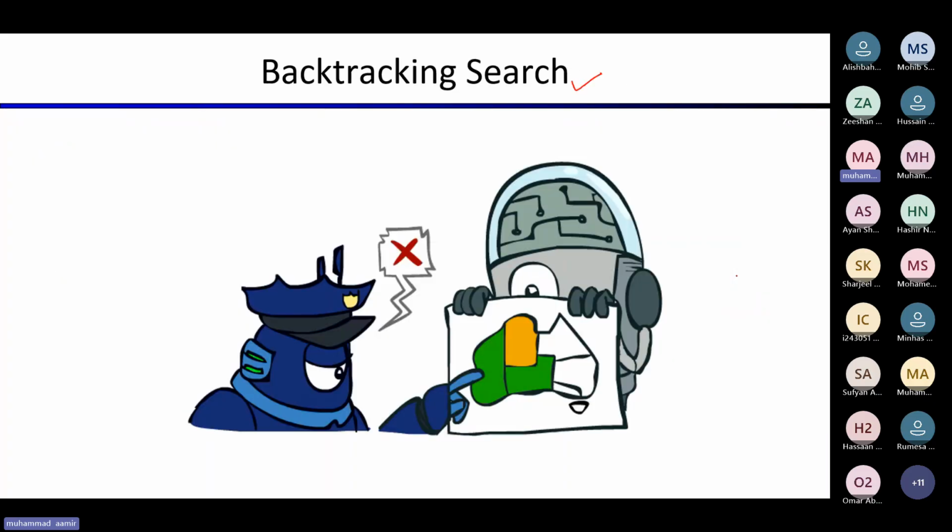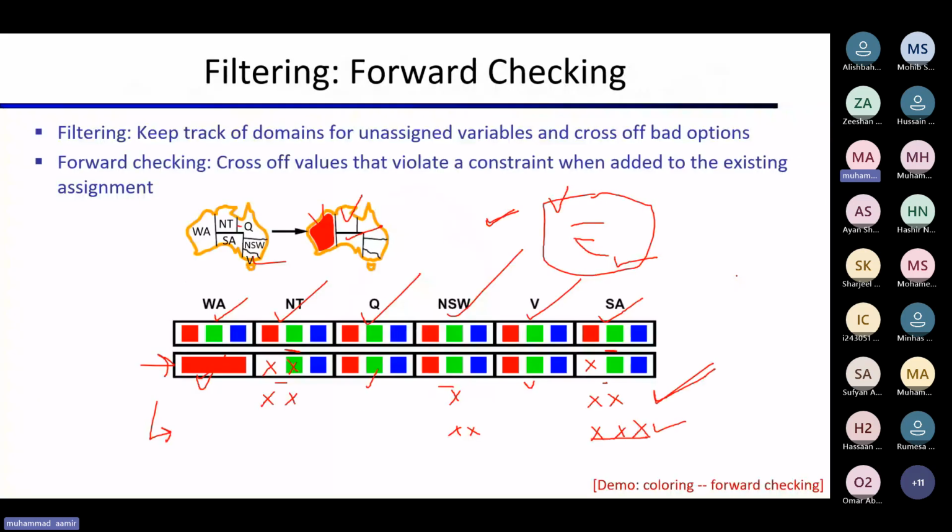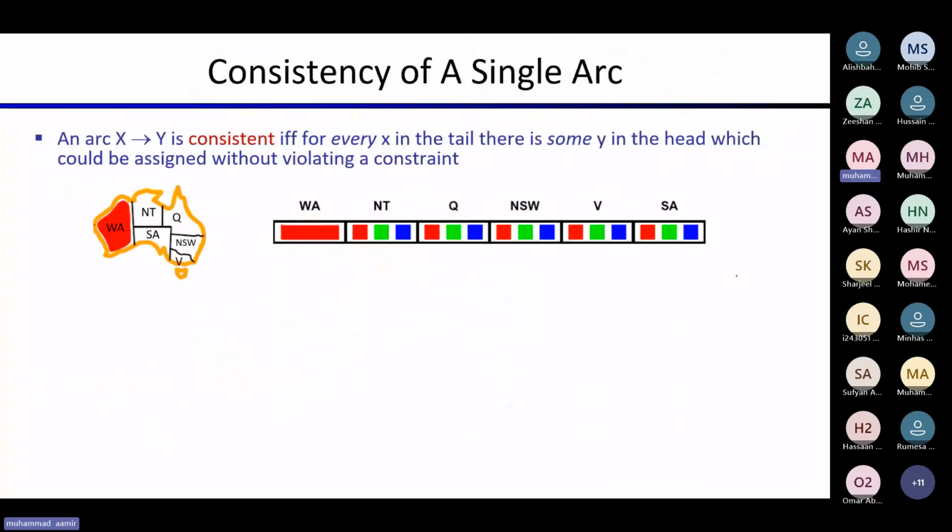So move next. Let's see the example of single arc. What does this mean? See in the visualization. We will check Northern Territory. If Western Australia got the red color value, can Northern Territory have any value that can be assigned to it without violating any constraint?